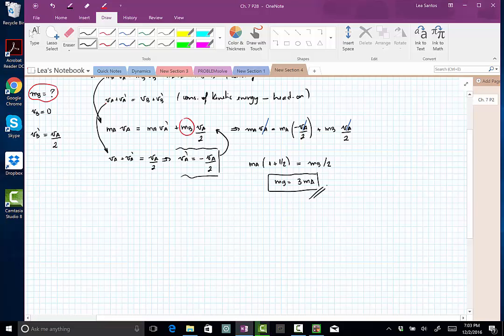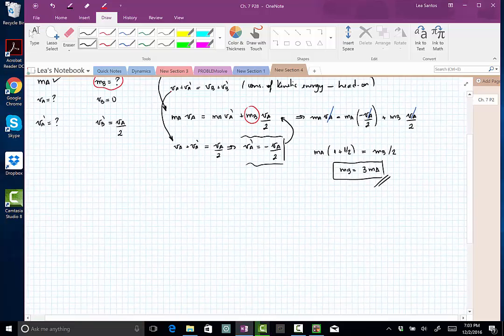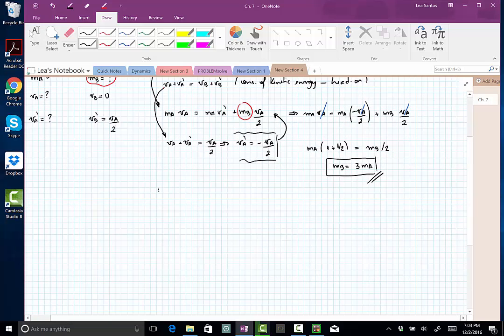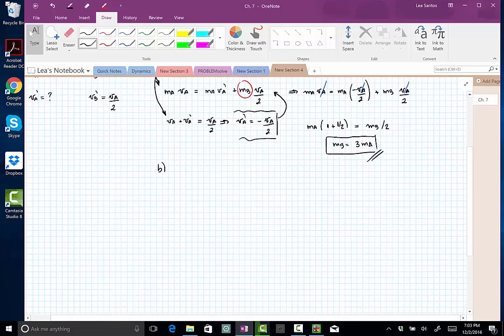Now the second question, question B, is: what is the fraction of the original kinetic energy transferred to the second ball? The original kinetic energy is only the kinetic energy of ball A, that's the only one that is moving. So what fraction of the original kinetic energy gets transferred to the second ball?